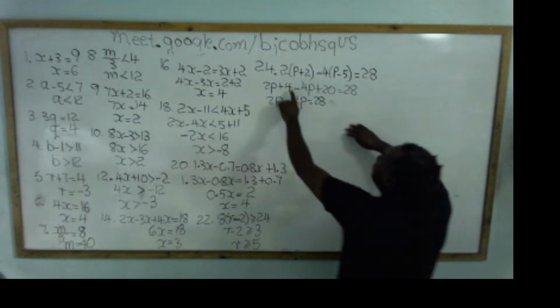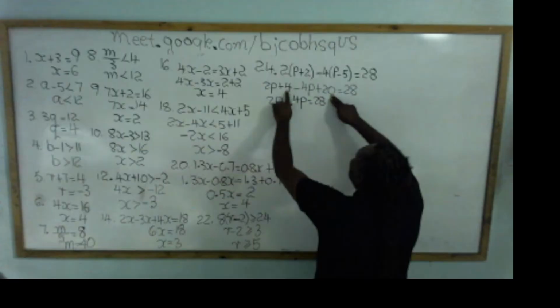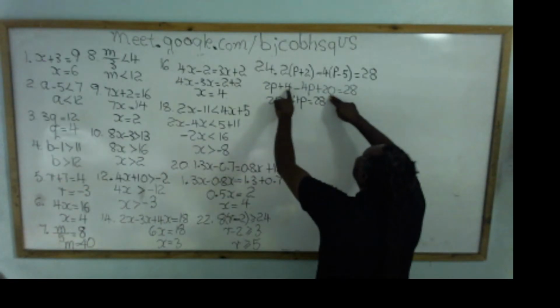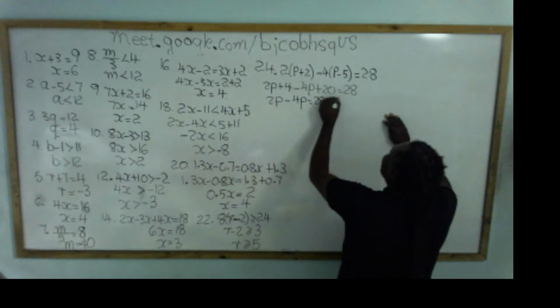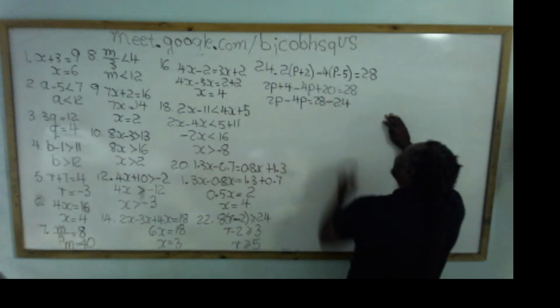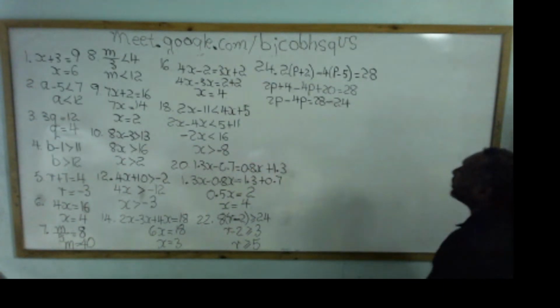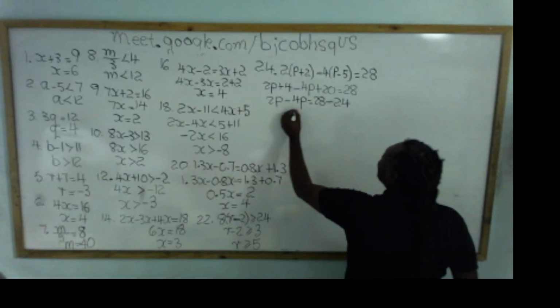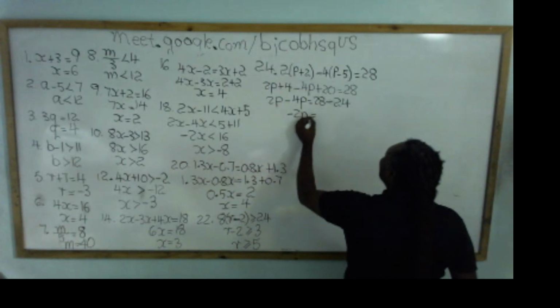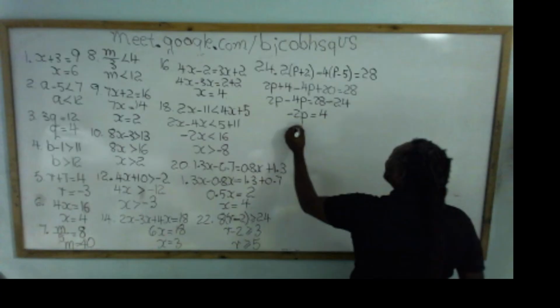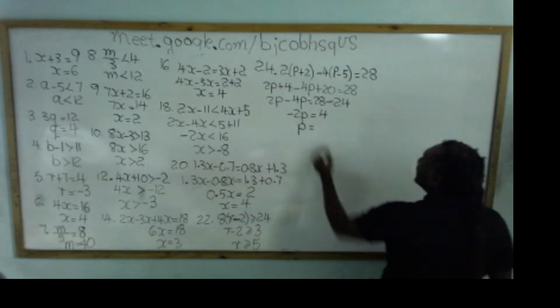We have a 4 here and a 20, so that's 24. So we're going to eliminate 24 just by subtracting 24. That's better. And of course we have what? Negative 2p is equal to 4. So p is equal to 4 divided by negative 2, negative 2.